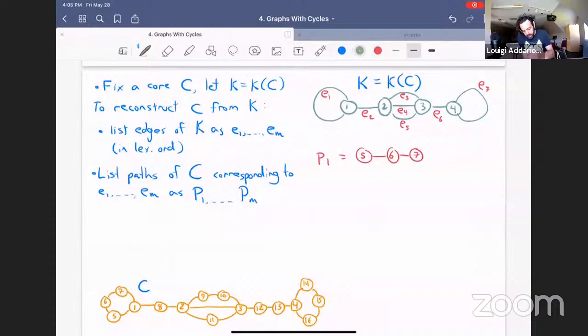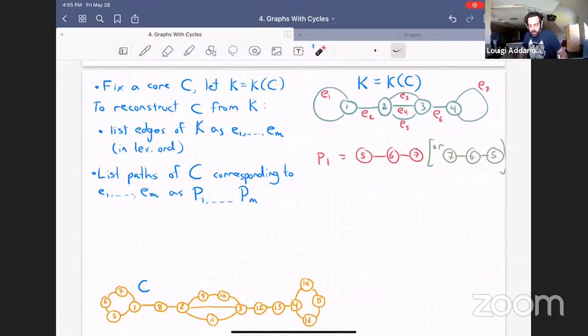But there's a little warning already when I do that, because I could have written it as 7, 6, 5, and it wouldn't change. Either way, I'm going to get the vertices 5, 6, 7 in order attached around a loop to vertex 1, right? So there's a little bit of ambiguity I'd better keep track of.